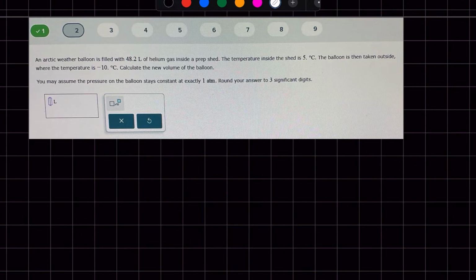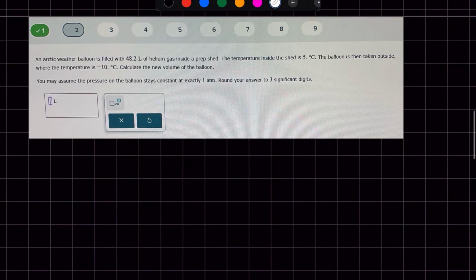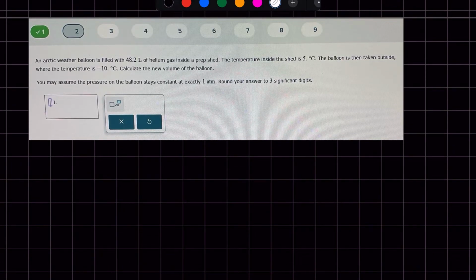So like I said, the first thing to do with these kinds of problems is just to figure out what law you're using. In this problem, we're going to be using Charles' law. Charles' law is simply V1 over T1 is equal to V2 over T2.